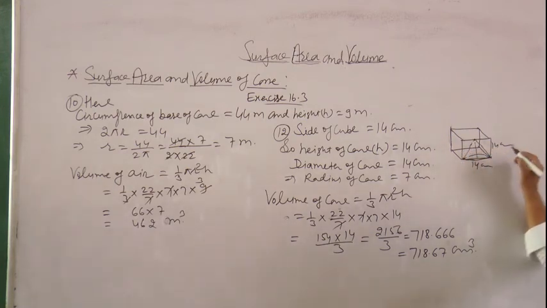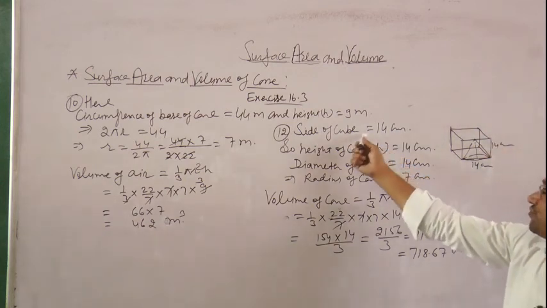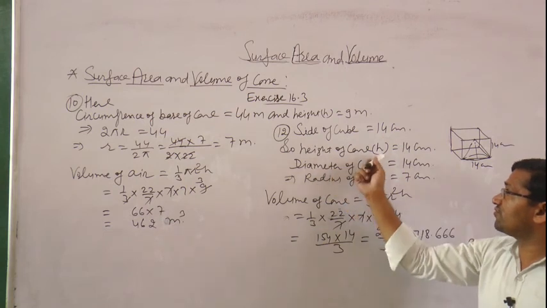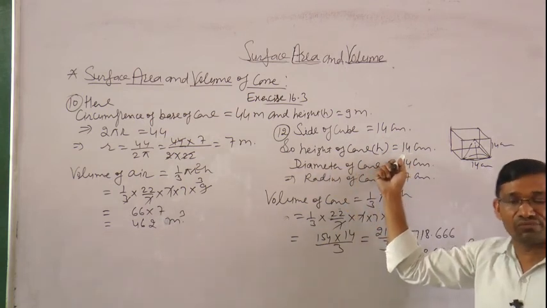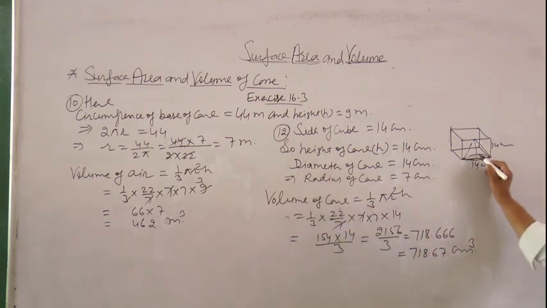It means length of side of cube is equal to height of cone. Side of cube is 14 centimeter, so height of cone is also 14 centimeter, and diameter of cone is equal to length of side.